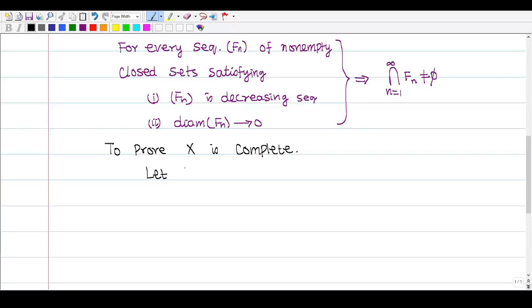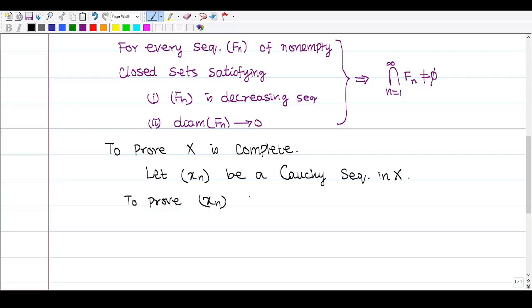Let xn be a Cauchy sequence in capital X. அப்ப என்ன proof பண்ணனும்? Enough to prove xn converges in capital X. அவ்வளவுதான் முடிஞ்சு. அதான் complete. Every Cauchy sequence converge ஆச்சுனா அந்த ஸ்பேஸ் வந்து complete ஆயிடும்.